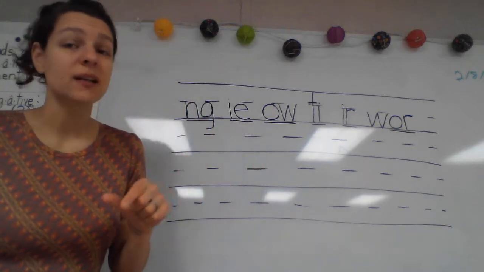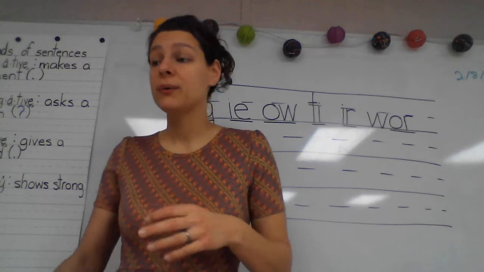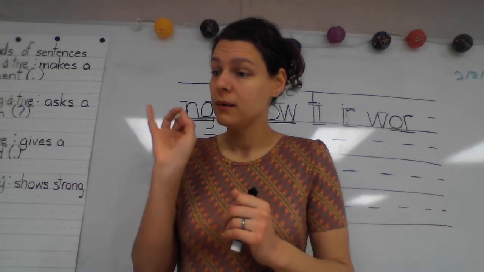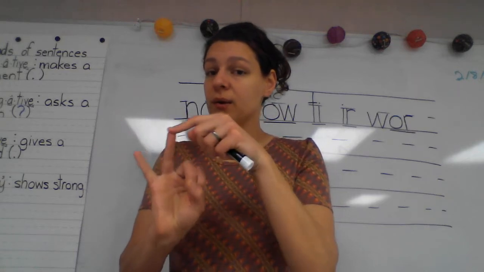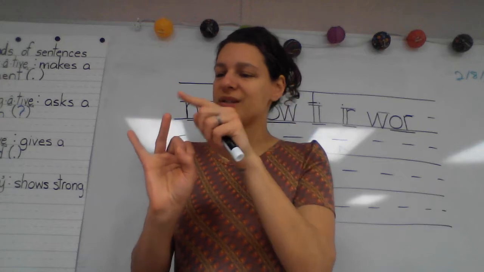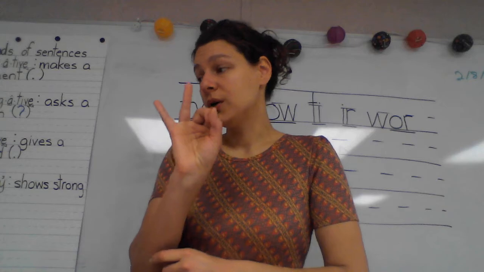All right, our first syllable is boo. Class, what's the first syllable? Good, boo. What sounds do we hear in the syllable boo? Good, b, oo. Our oo is u, oo. Which oo are we using? Good, u, oo.